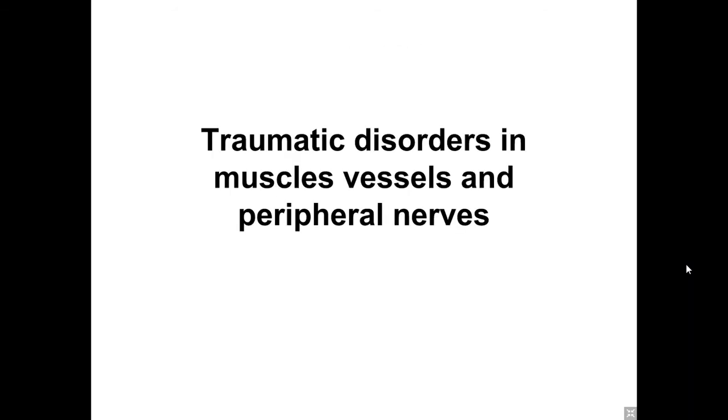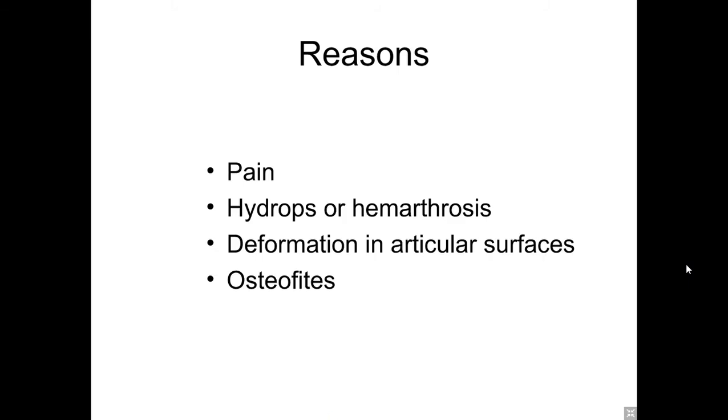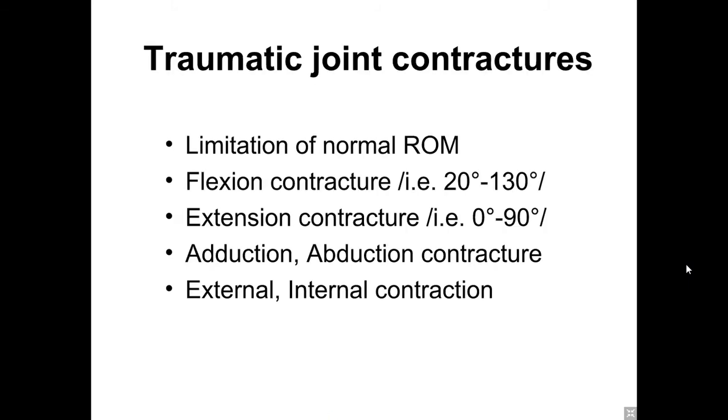In general, when we talk about joint contracture, we know that there are a lot of reasons for it. There are intra-articular reasons, there are extra-articular reasons, and we have to exclude one by another.